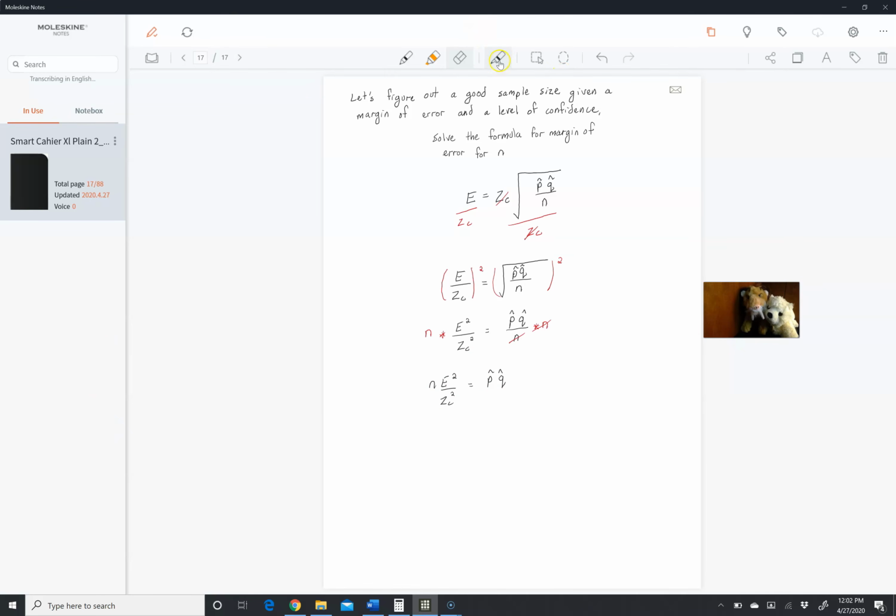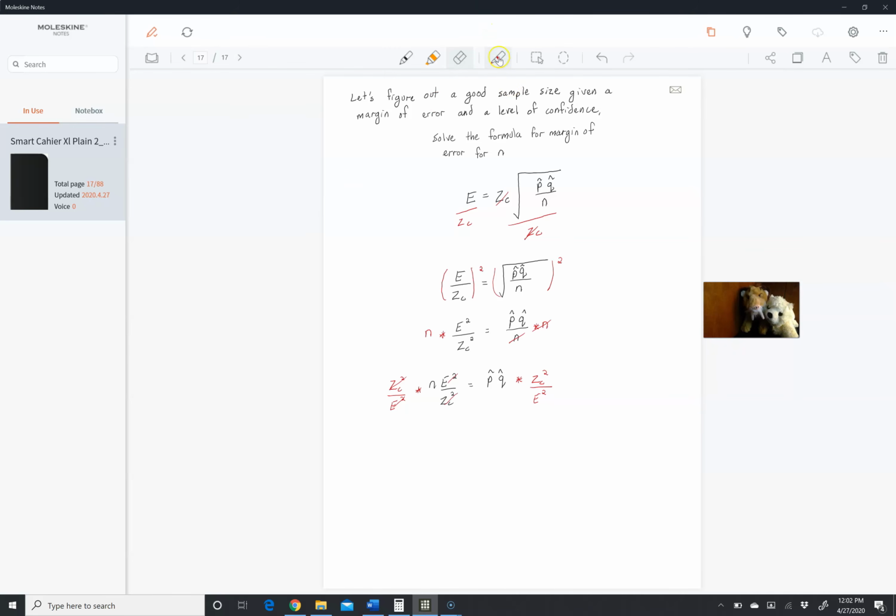So we're going to multiply both sides by the reciprocal, z sub c squared over e squared, because then the e squared will cancel and the z sub c squared will cancel here.